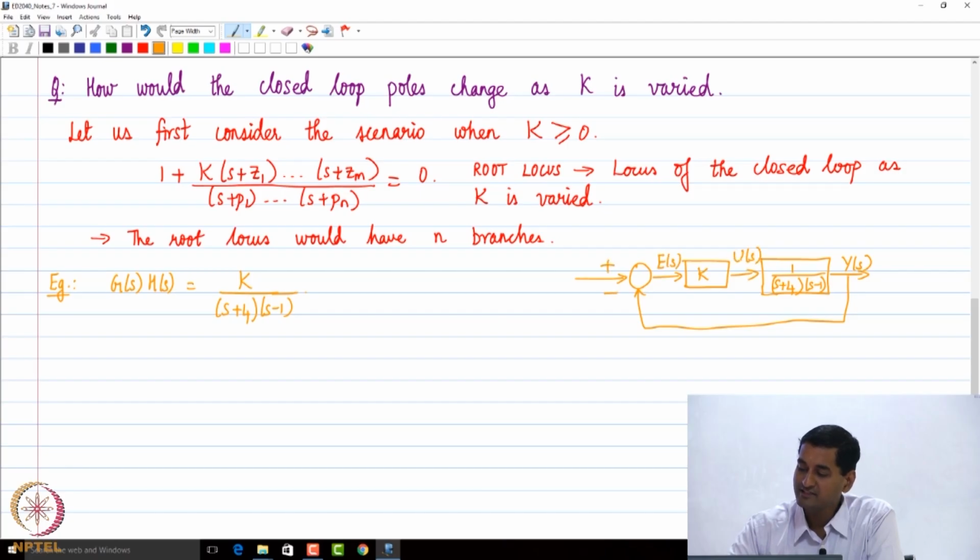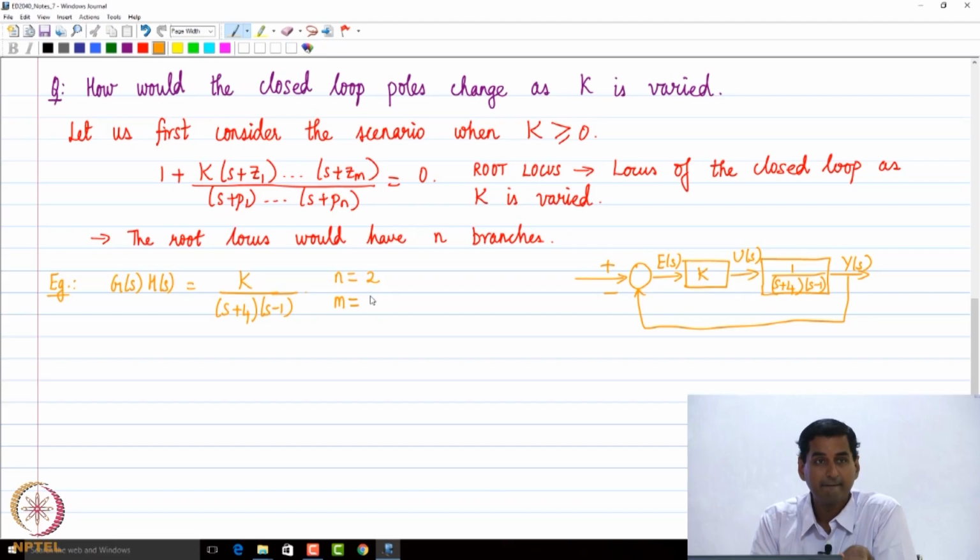You can immediately see that the open loop transfer function is going to be K divided by (s+4)(s-1). Now, if I look at the system, what do you think is the value of n? 2, right.